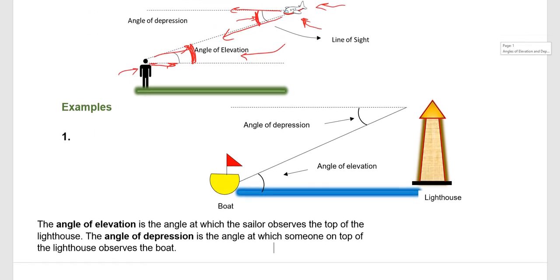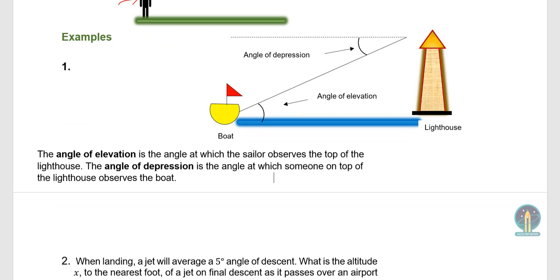Let's look at some examples. The first example is a boat and a lighthouse. The angle of elevation is the angle at which the sailor in the boat observes the top of the lighthouse. So this is the angle of elevation, between sea level and the top of the lighthouse.